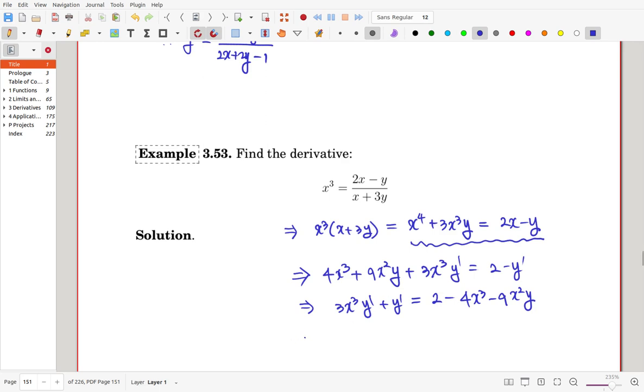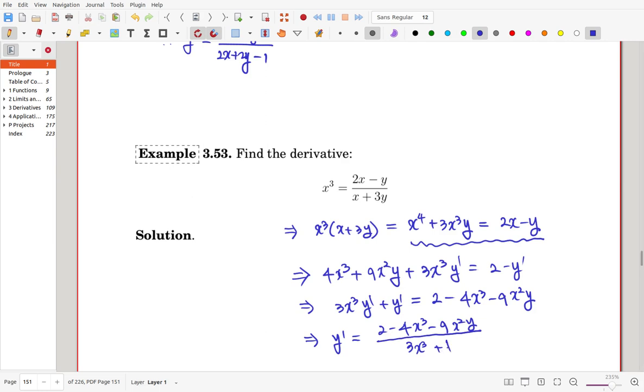Okay, so we have y prime equal, the top is 2 minus 4 x cubed minus 9x squared y, and the bottom must be 3x cubed plus 1.